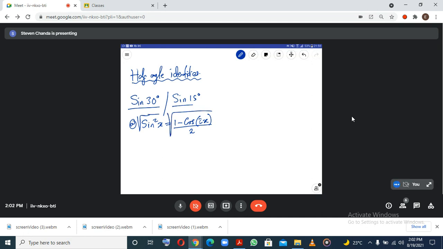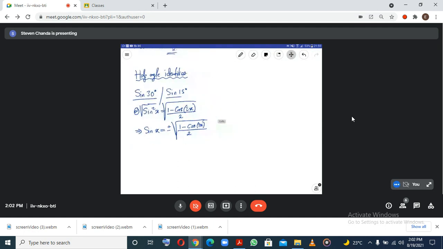Then you're going to say sine x, and because of the square root, you've gotten rid of the square. Then it's going to be plus or minus, because depending on which quadrant your angle is in, this can have either a positive or a negative sign. Don't worry, we'll look at the examples, but that's what that plus or minus sign is there for.